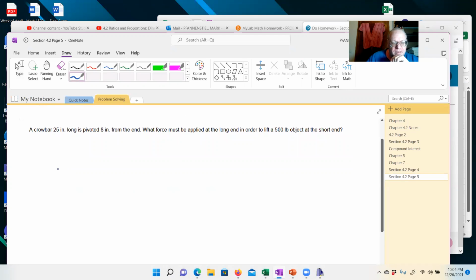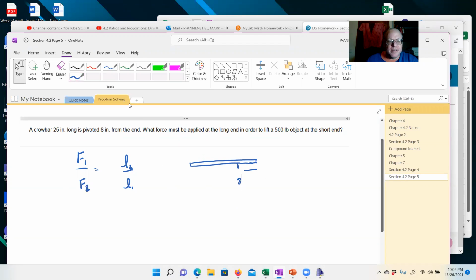We want force 1 over force 2 to be equal to L2, length 2, over length 1. So it's inversely proportional here. The reason I picked this problem as well is because we're given a crowbar. They're saying it's pivoted 8 inches from the end. So what they're saying here is that this distance here is 8.